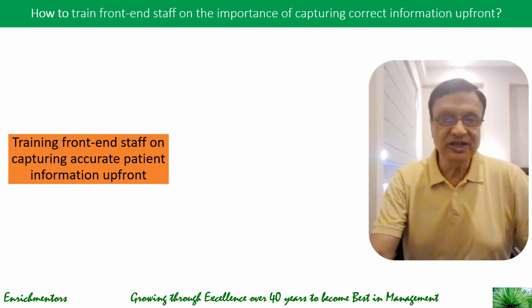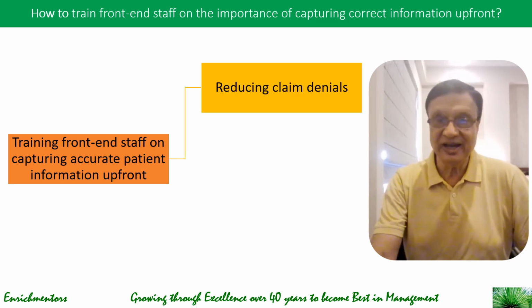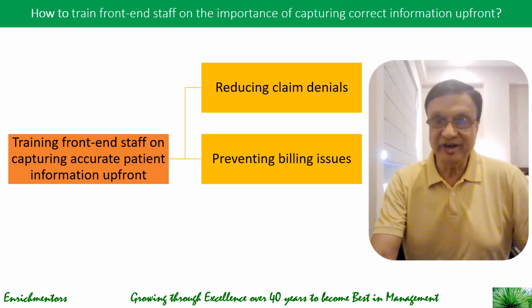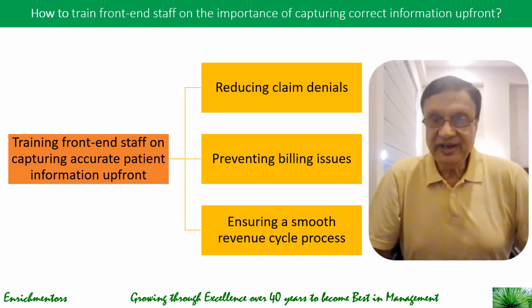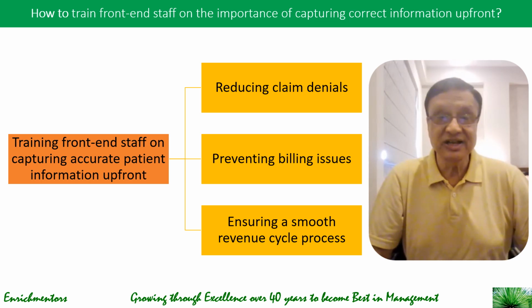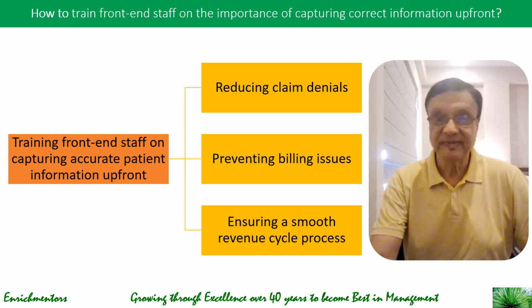And that needs to be done to ensure that you have a reduction in claim denials, you are able to prevent billing issues and ensure a smooth revenue cycle. Now we have a structured approach that we'll take you through that can help your team understand the importance of accurate data capture and excel in this role of capturing the data upfront.